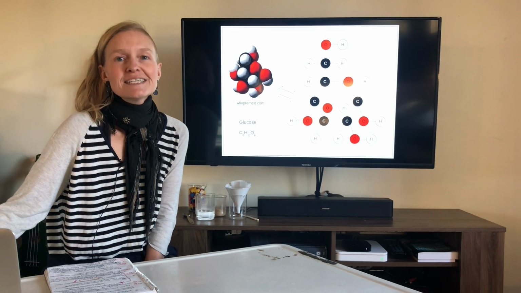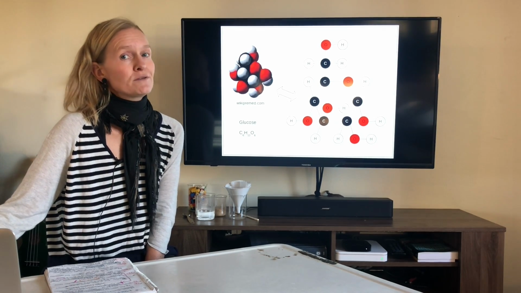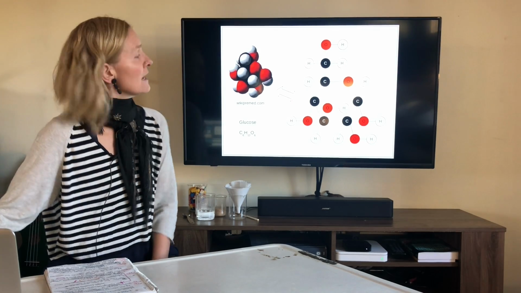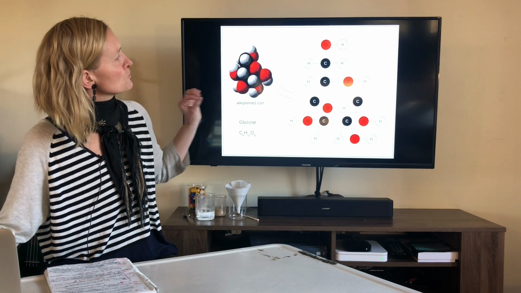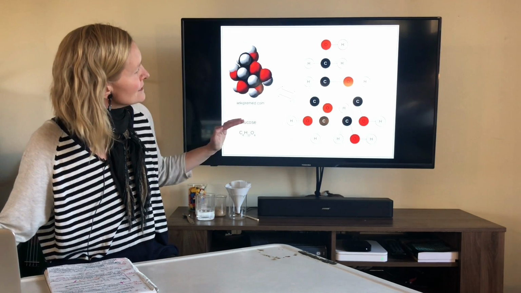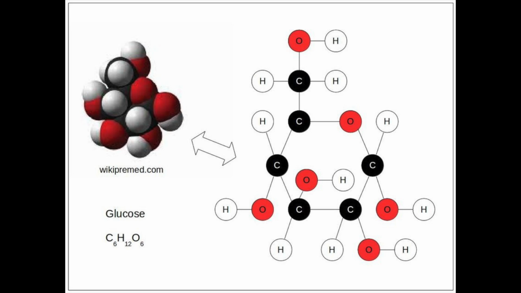You know, in the last couple weeks, you've learned a lot about chemistry. And if you look at this molecule, you'll see that it's made up of three different types of atoms. You have the carbon atoms that are black, you have the oxygen atoms that are in red, and you have the hydrogen atoms that are clear or white.